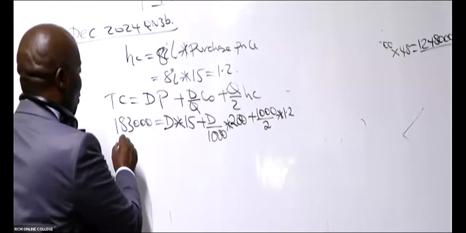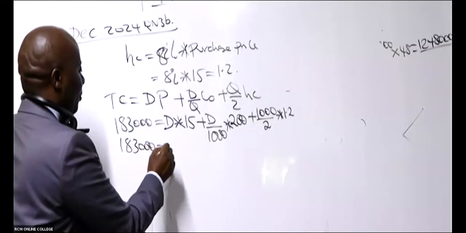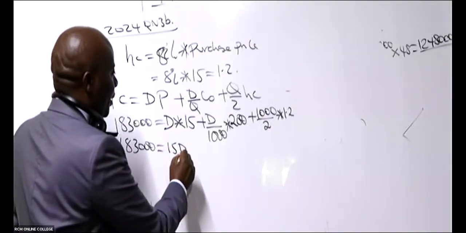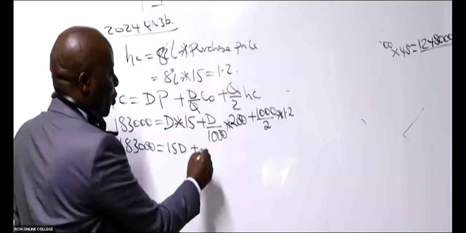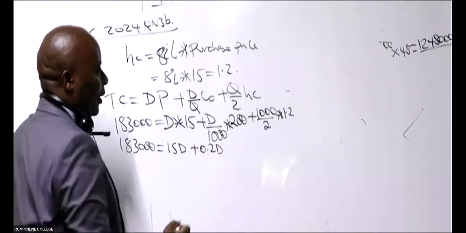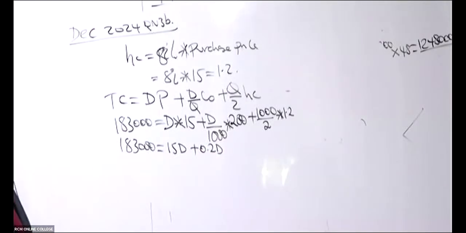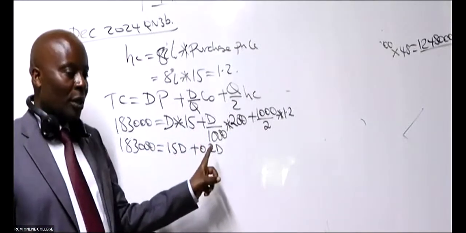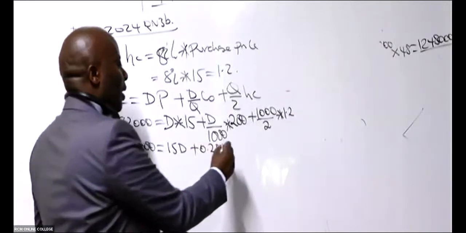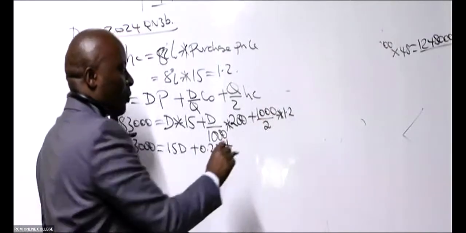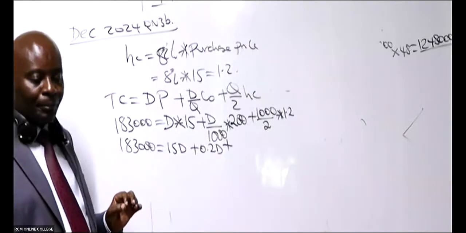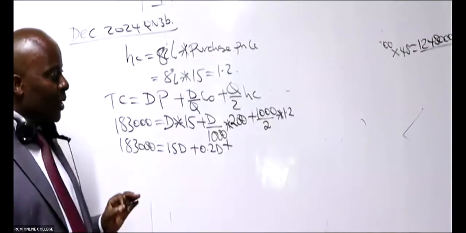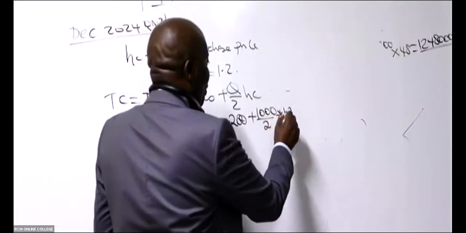So if I try fixing it down, it will be 183,000 equals 15D plus 200 over 1,000, which is 0.2, times D. Plus, could you kindly do these multiplications and give me the final answer: 1,000 divided by 2 times 1.2. What are we going to get at the end of the day?